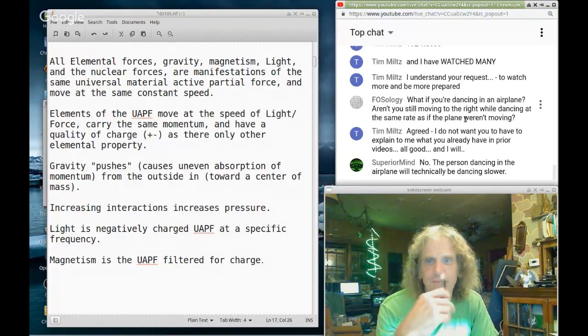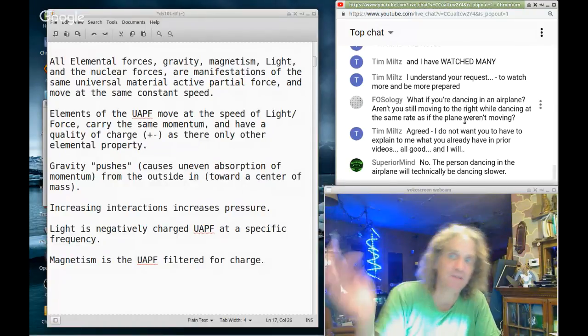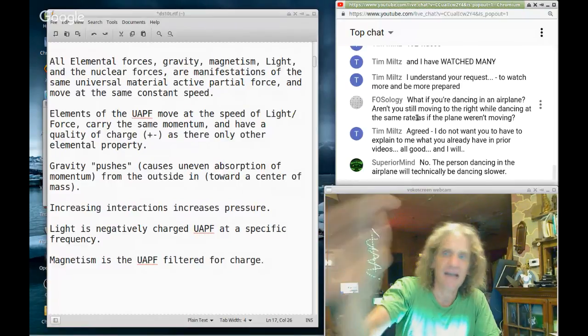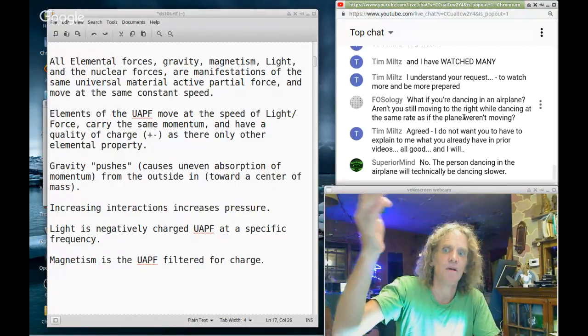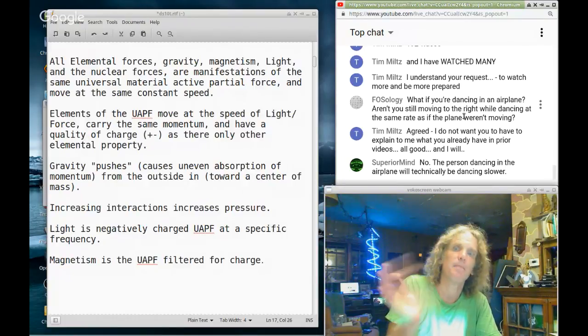Jesus. Moving the floor and your body at the same speed doesn't analogize to what happens when an atom has to be moved.